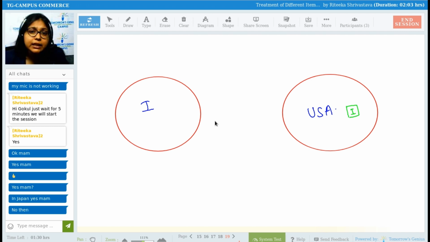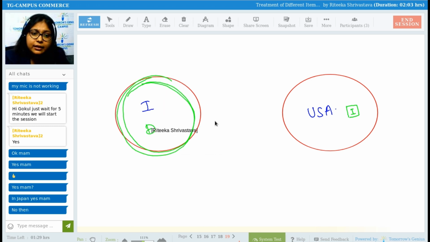But what is domestic income? Domestic income means the income should be earned within the domestic territory. Be it an Indian, be it a resident of USA, Japan, Russia, or whatever it is, if he is earning the income within this domestic territory, then it is part of domestic income.